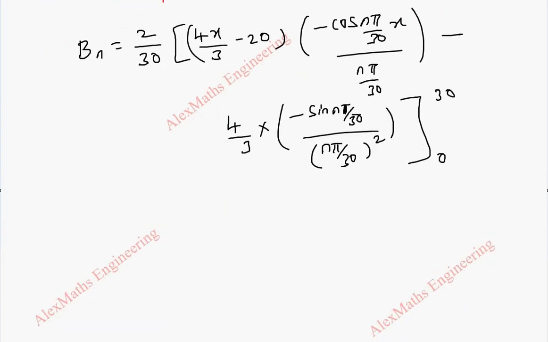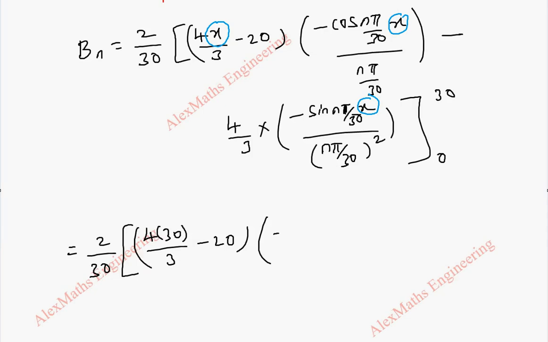Now let's apply the upper limit 30 wherever x is there. So we have to apply 30 in all these places. When I apply the upper limit, outside we have 2/30. This will become 4 into 30 by 3.